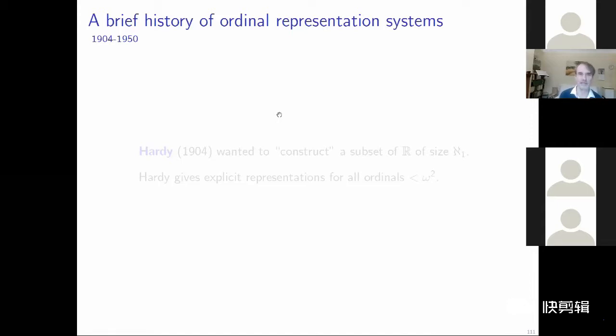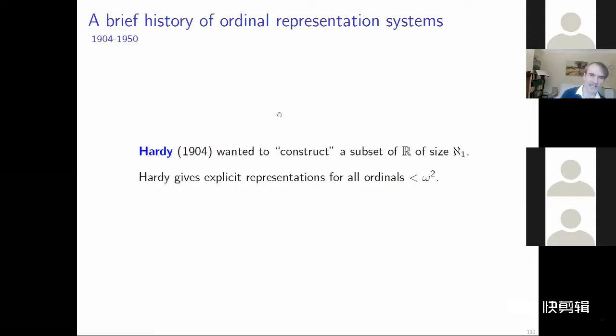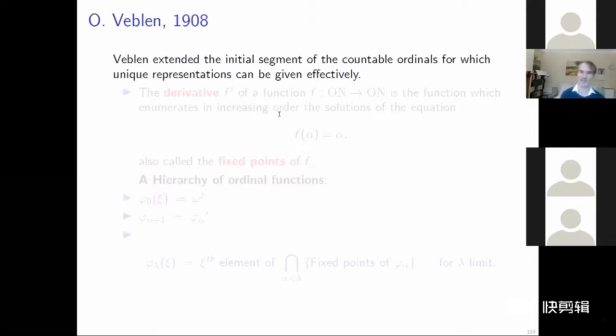So where do we get stronger representation systems? Actually, Hardy was interested in constructing a subset of the reals of size aleph 1, and he gave explicit representations for all ordinals less than omega squared. Well, this is not a big feat in itself, but it inspired Oswald Veblen in 1908 to develop ways of presenting large initial segments of the countable ordinals.